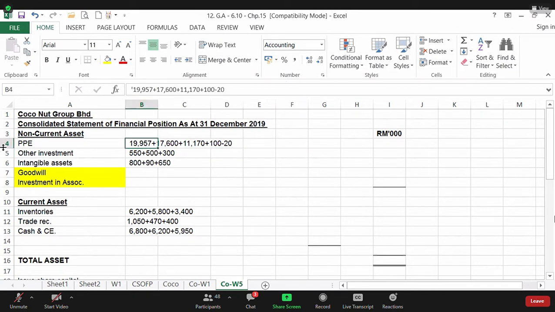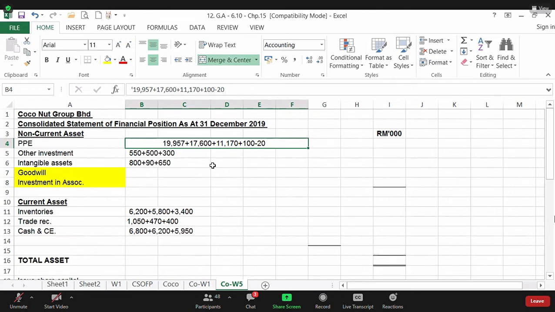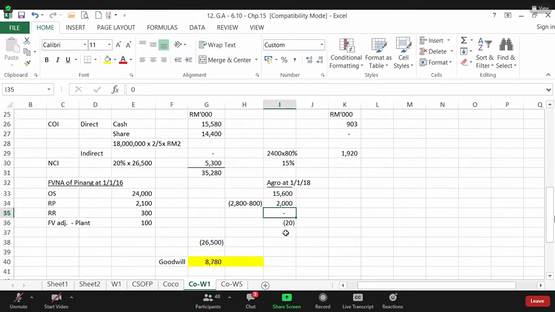Minus 20. Then we total out. How much? You got 17580. Bring it to the top. 17,580.